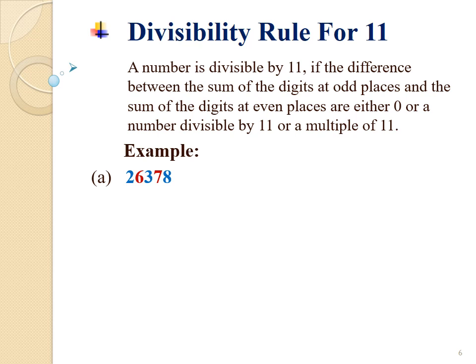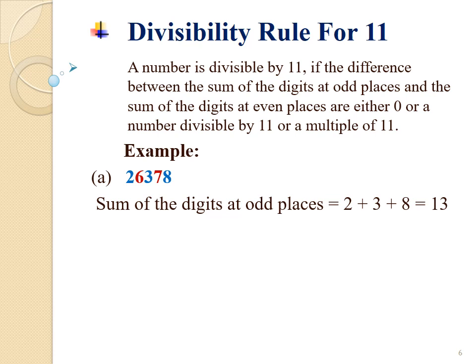So, now let us check whether 26,378 is divisible by 11 or not by following all the steps. Step number 1, sum of the digits at odd place equals 2 plus 3 plus 8 equals 13.